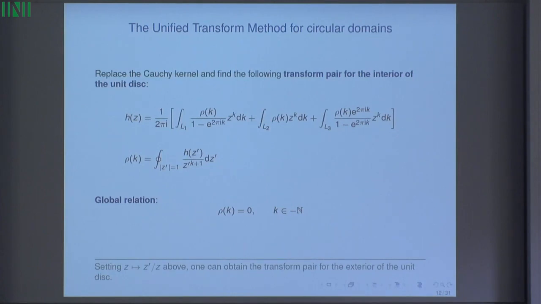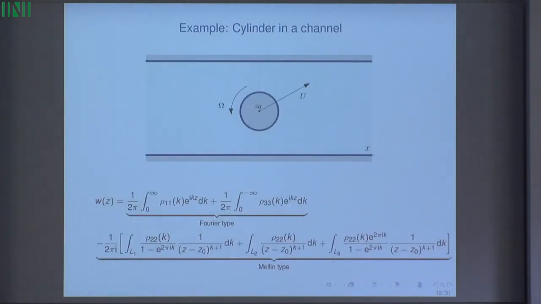Okay, so you might be wondering why. We have found transform pairs for a channel, for a polygonal domain. We have found a transform pair for circular domains. So can we combine the two together? And the answer is yes. So for example, this geometry here, we have a cylinder in a channel. So suppose, I'm just going to go one step back. If we were solving for an analytic function in a channel, we would be using the Fourier transform.